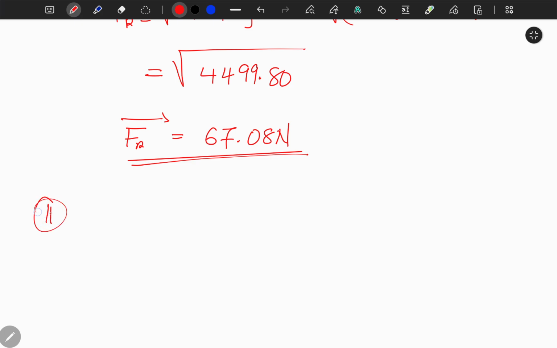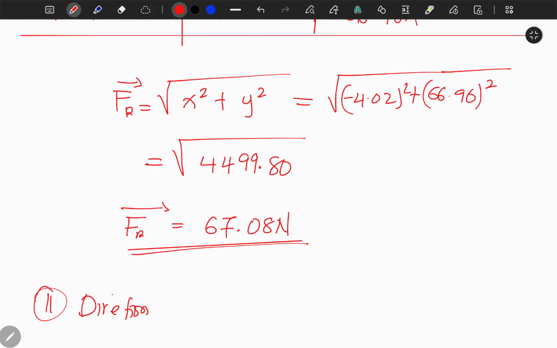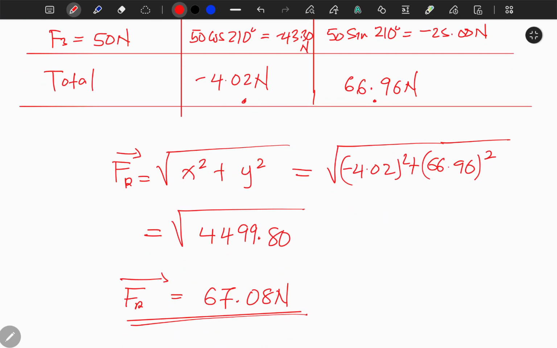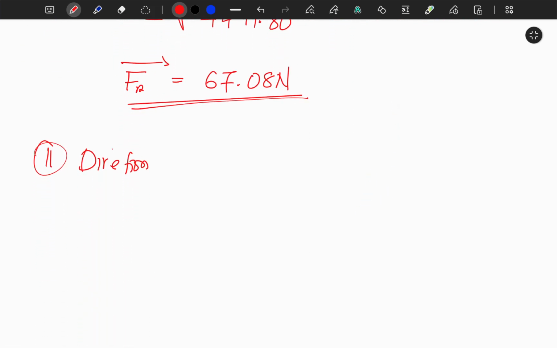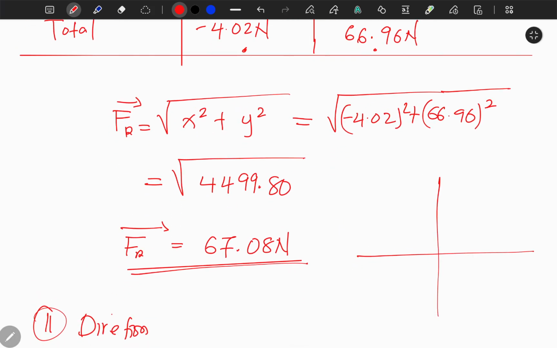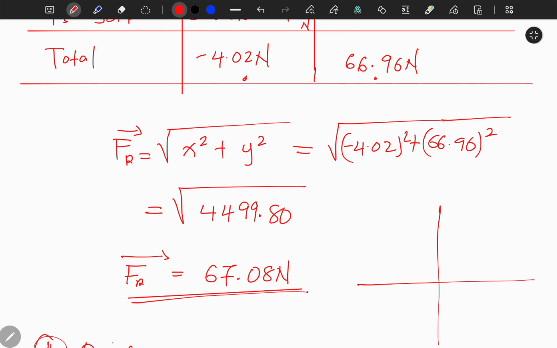That's all. The first part is done. The next thing is direction. You should always know the direction of your vector. In fact, if I have to sketch this, with this component and that component, you will know that this is actually somewhere in which quadrant? Second quadrant, because x is negative and y is positive. It's like you've got something like this, where y is positive but x is negative.